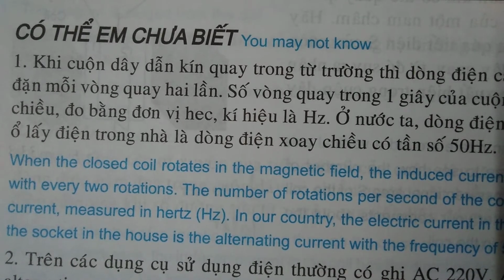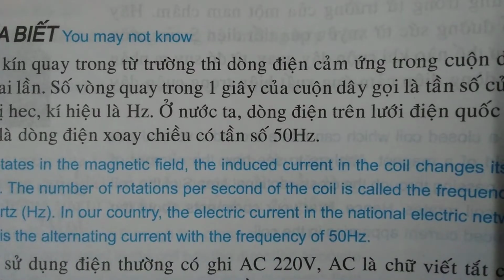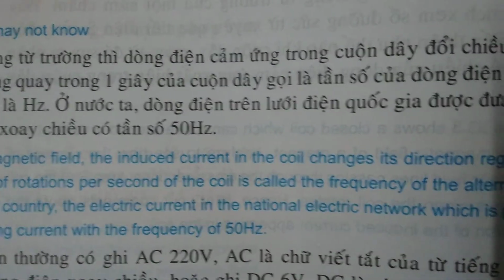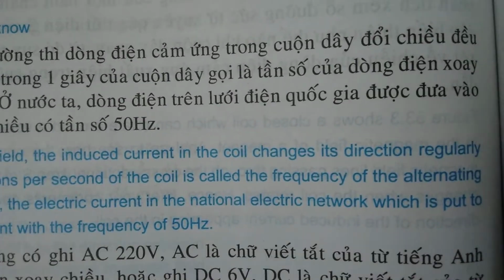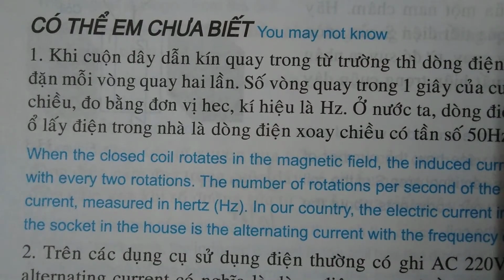The number of rotations per second of the coil is called the frequency of the alternating current, measured in hertz.